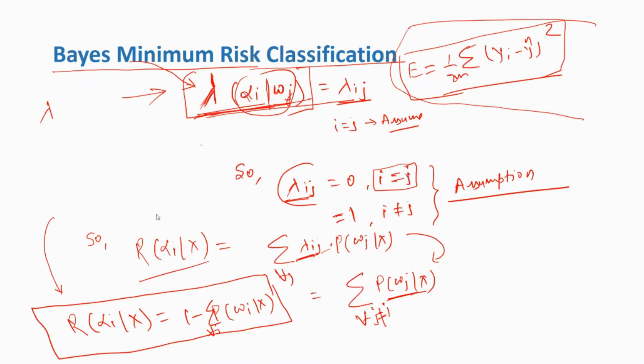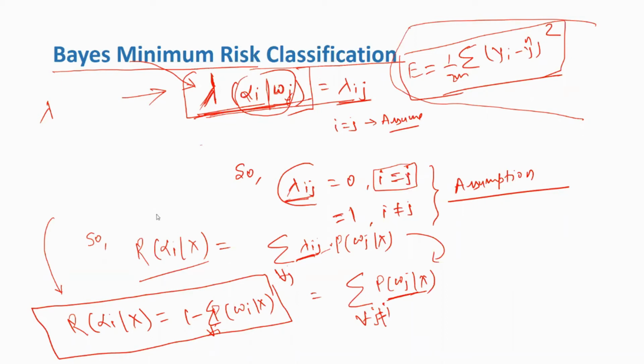Now, while calculating the loss function, you found the minimum error, or whatever you want to do on the error, you did that. I am just generalizing this concept called error, and I am telling there is some risk involved, and risk is nothing but your error only. It's a kind of error only.